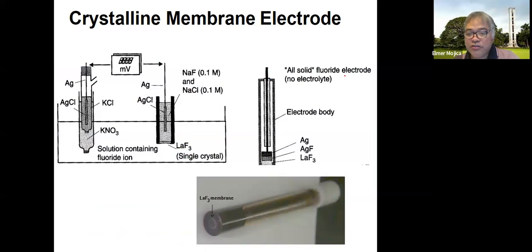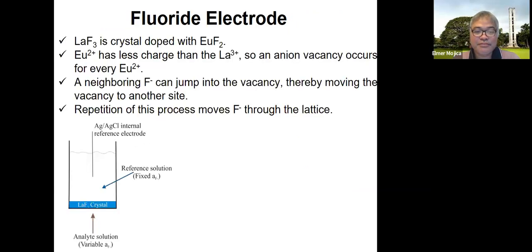So it's an all solid fluoride electrode. There's no electrolyte here, so all of them are what we call solid. And you can have the silver fluoride and lanthanum fluoride that you have.